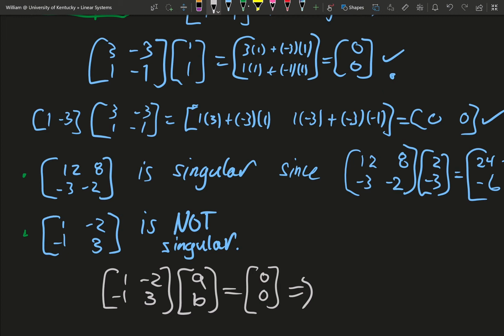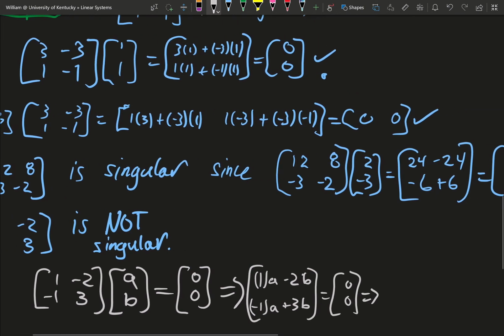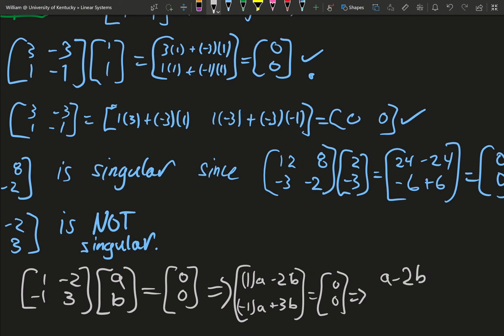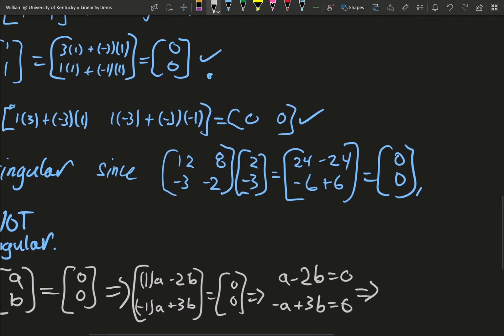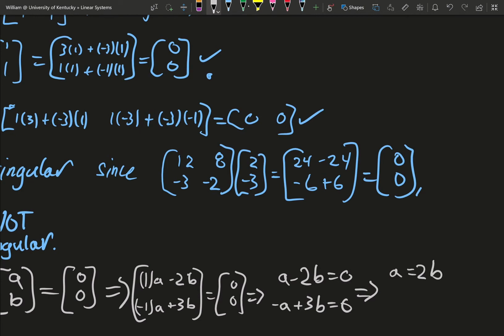So let's see that. We do the matrix multiplication. We have 1 times A minus 2 times B, and -1 times A plus 3 times B. So this says A minus 2B equals 0, and -A plus 3B equals 0. So if I move this one over, I get A equals 2B.